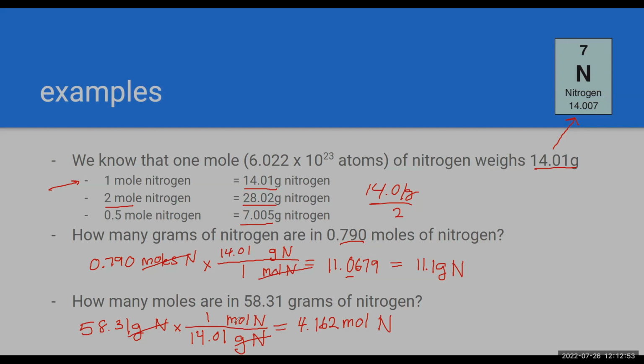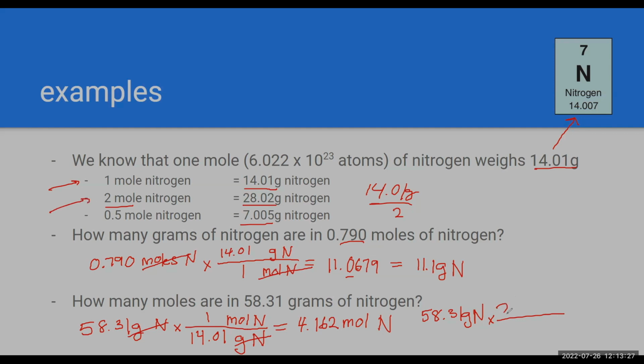And remember that we can use different values for the conversion factor that we use for the molar mass. You can use multiple values. It makes the most sense for me to use 1 mole. But let's say, for example, I were to do the calculation in another way. So if I start with 58.31 grams of nitrogen, there's nothing wrong with using, for example, 2 moles of nitrogen for the molar mass.